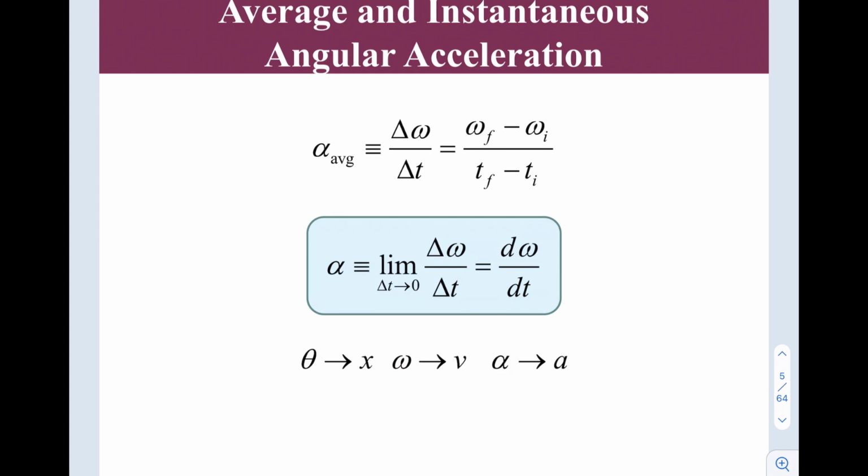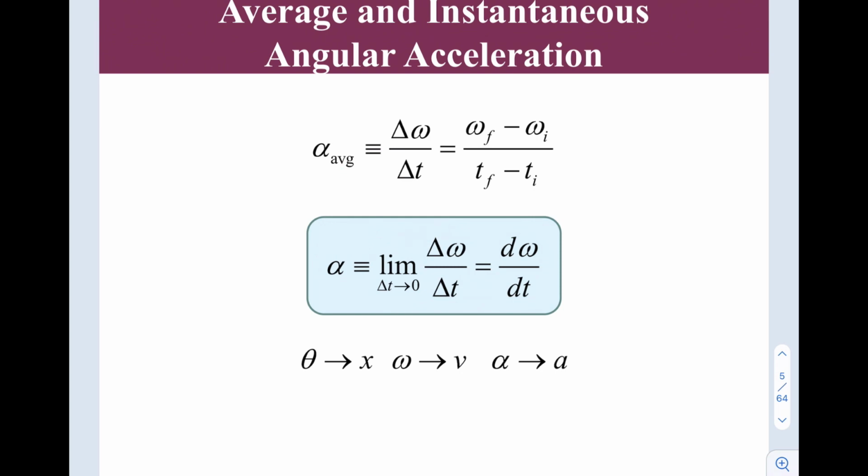Average and instantaneous angular acceleration. When we have omega just now representing the angular speed, we also have its acceleration, if omega keeps on changing. So alpha here is known as angular acceleration. The average angular acceleration, alpha average, is equivalent to the change in angular speed over the time taken to have that change.